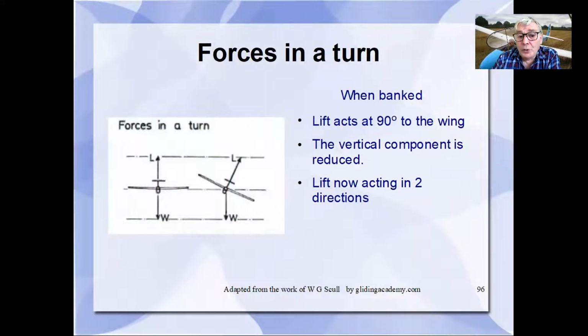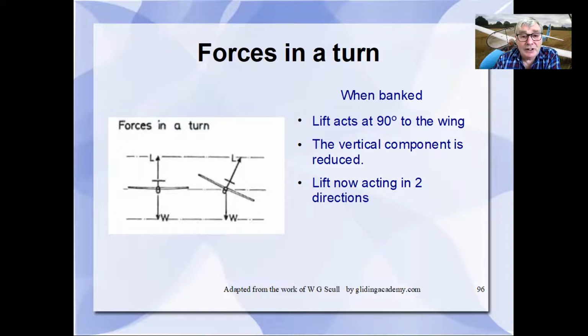When we look at the forces in a turn, you can see here on this diagram that the lift itself is acting at 90 degrees to the wing. That's okay if the wings are level, so lift equals weight. However, if the glider is banked, the vertical component of the lift is reduced.